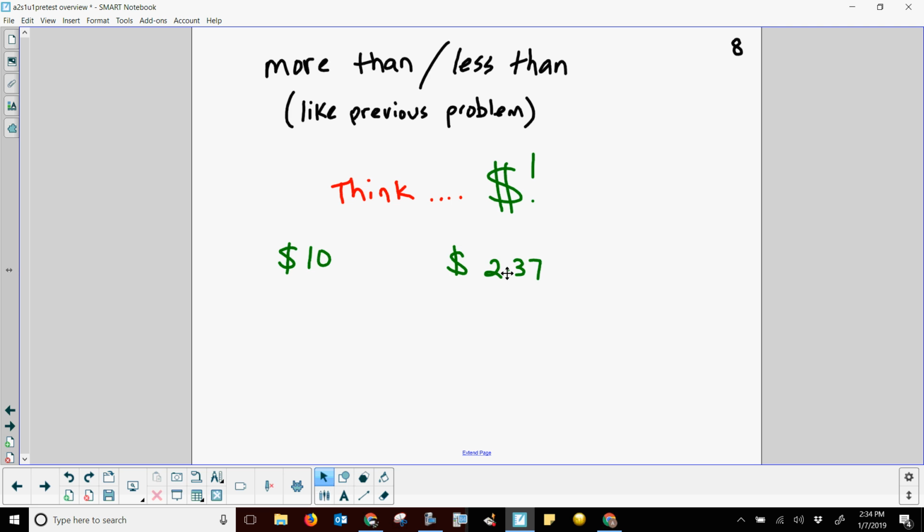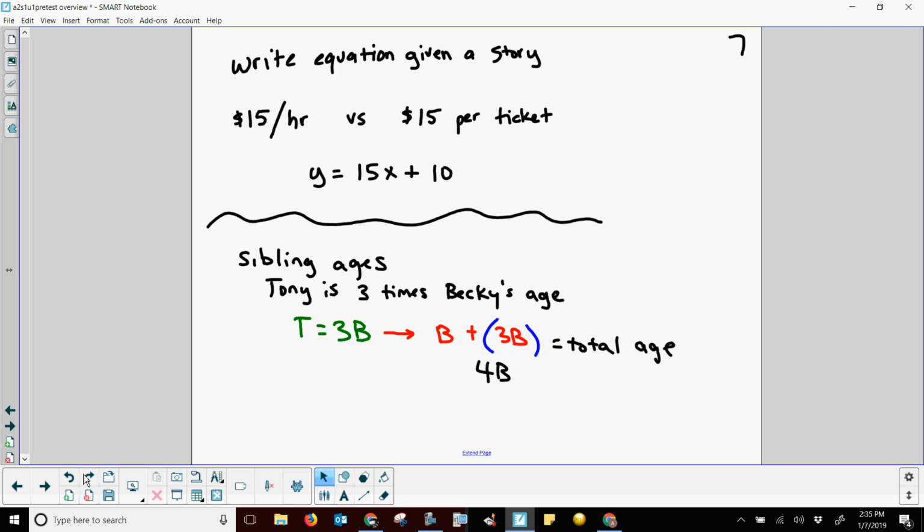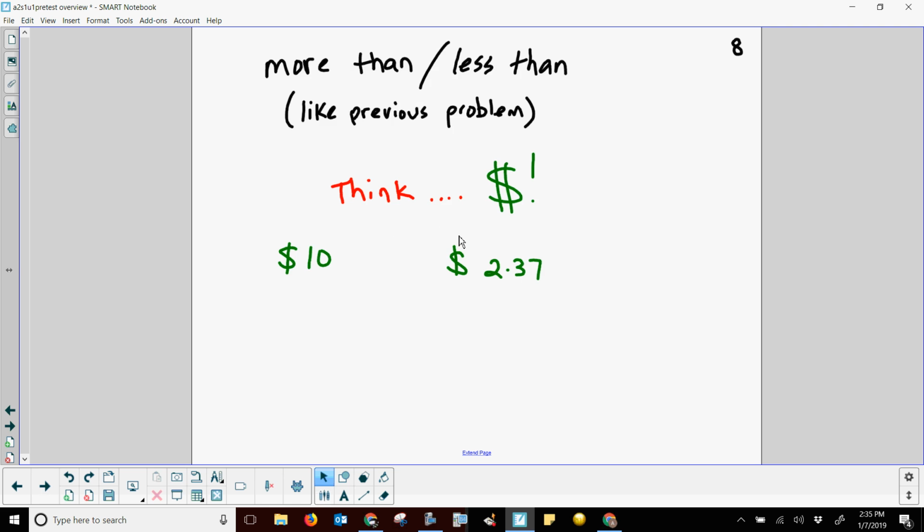If I have less than $2.37 in my pocket, $2 is less than that. $3 is not less than that. So you've got to figure out, similar to how you would set up concept 7, do I need to be less than this total, because this is all the money I have, so whatever I buy needs to be less than this amount?